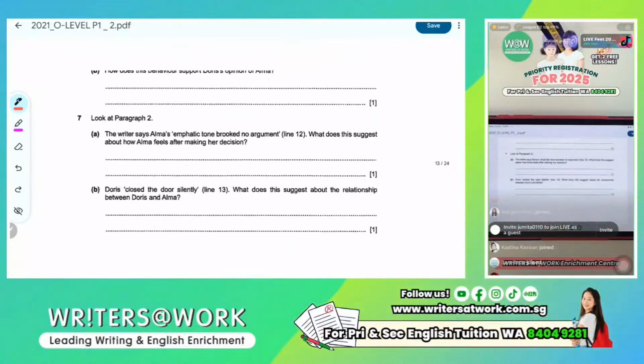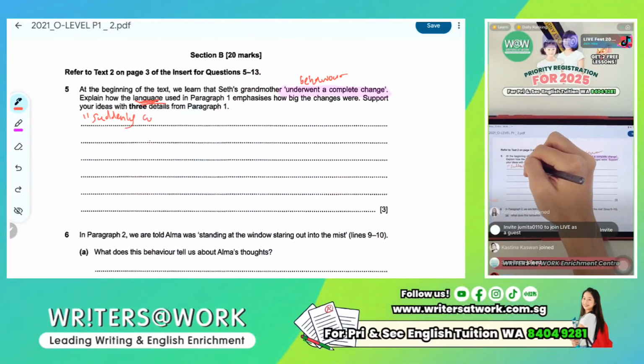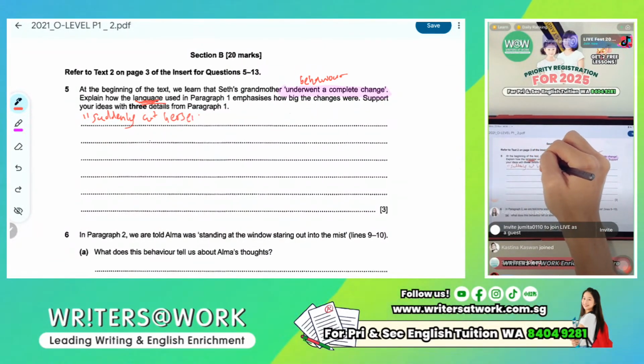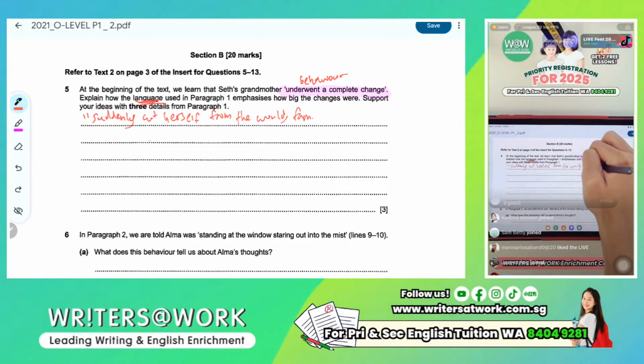So let's take a look at how to explain this. "Suddenly cut herself from the world, family, and friends."